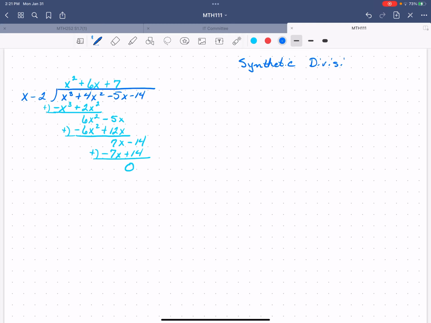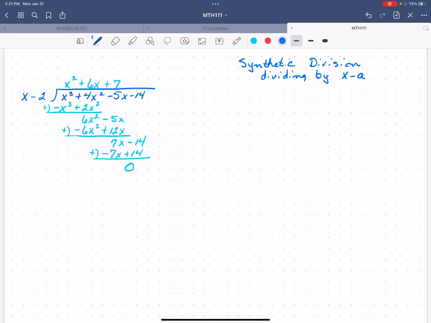Now, synthetic division presumes that we are dividing by something of the form x minus some constant. Synthetic division only works in this case.